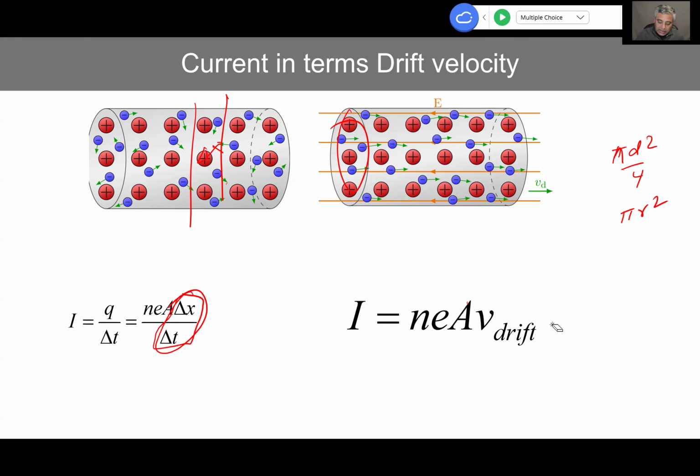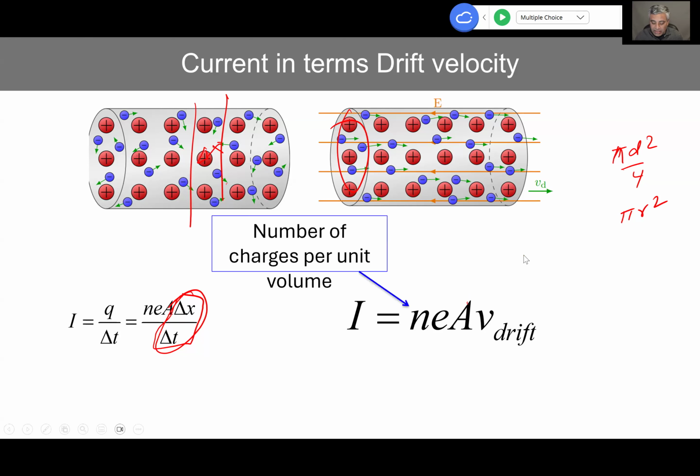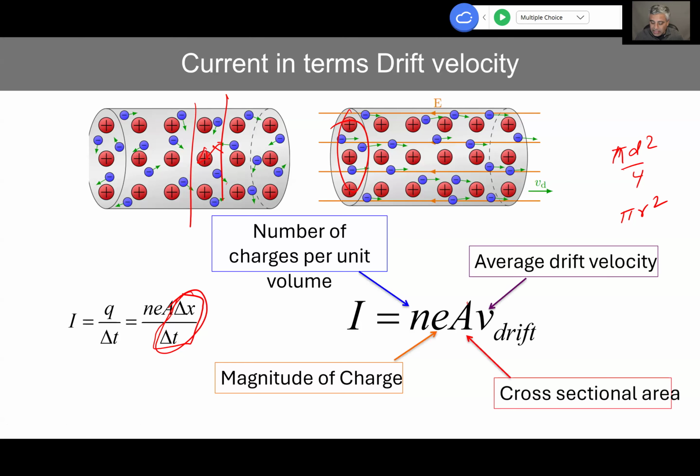So the current can also be written in terms of the number of electrons and the speed, okay? So how fast it is moving. So here I have labeled what they are, right? I already talked about it. So now let's suppose you have this information, then you can calculate drift speed.